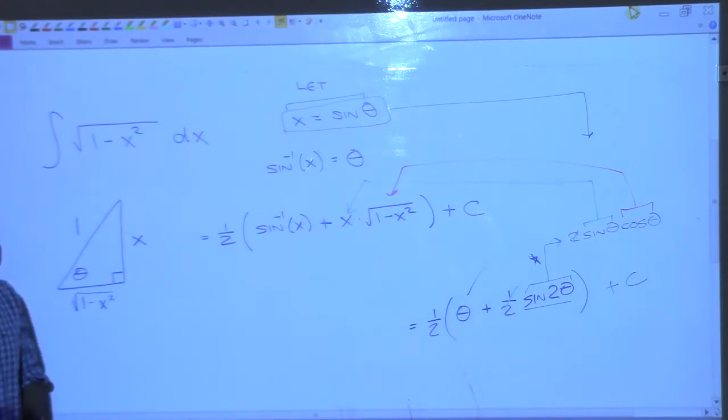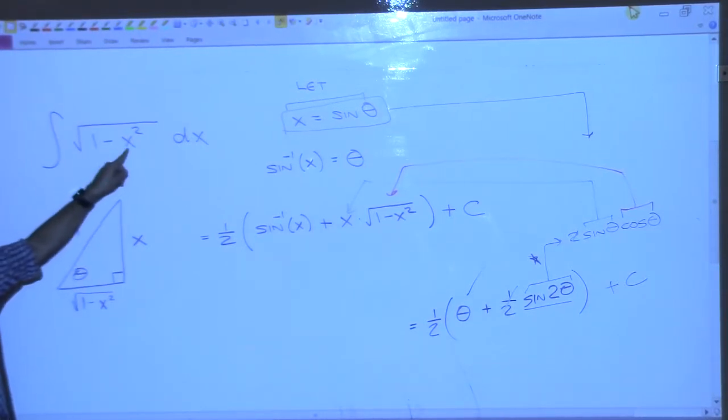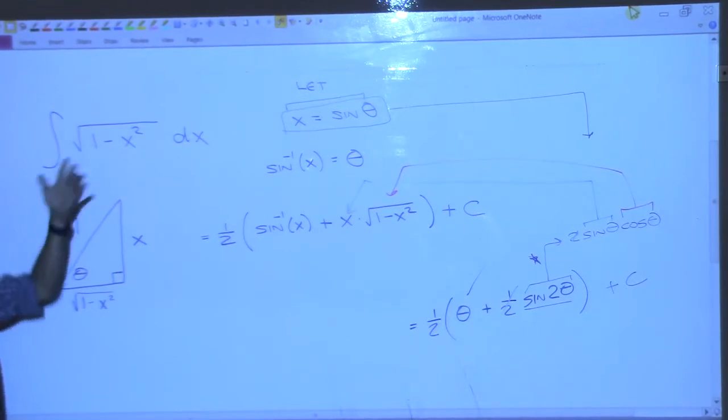Yes? Could you have solved this in a similar fashion if you would have done cosine instead of sine? Well, okay, so let me ask you, you think it would work with cosine? Let's think through it, right? If you replace this x with cosine, then you're going to get 1 minus cosine squared, which would become sine squared, and the square root of sine squared would be sine, right?